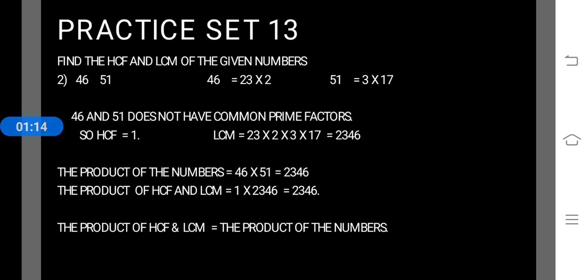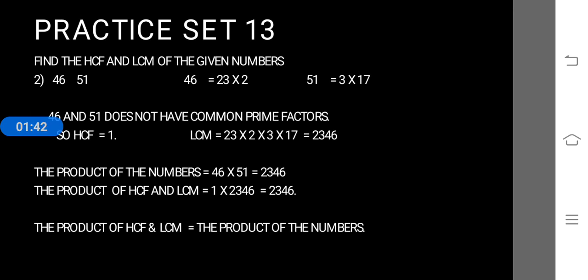So the HCF is 1 and the LCM is 2 into 3 into 17 into 23. That comes up to 2346. The product of the numbers, that is 46 and 51, is also 2346. Therefore, the product of HCF and LCM is the same as the product of the numbers.